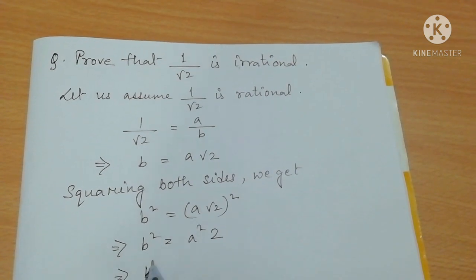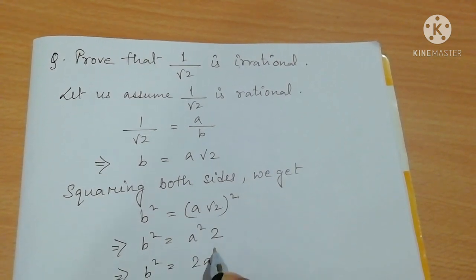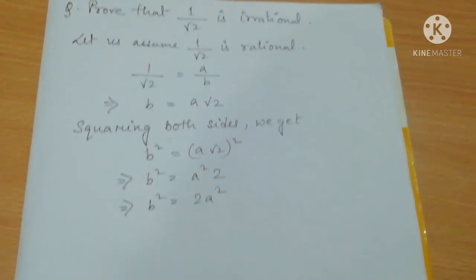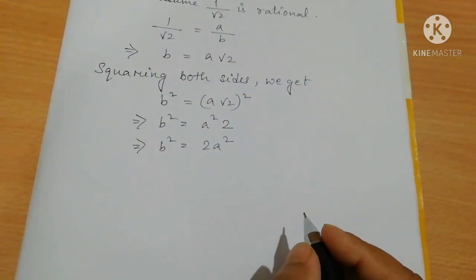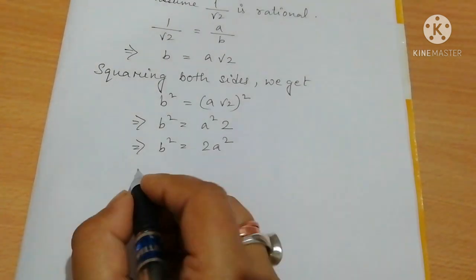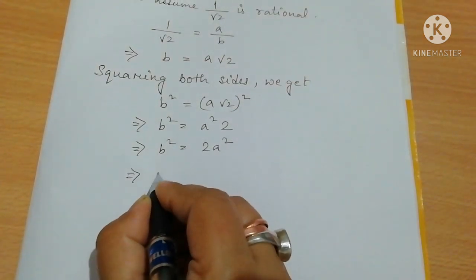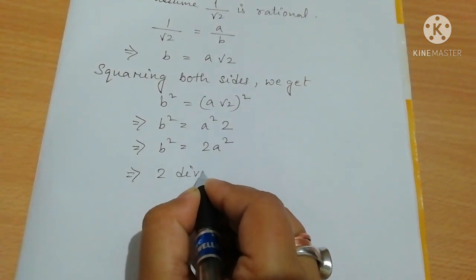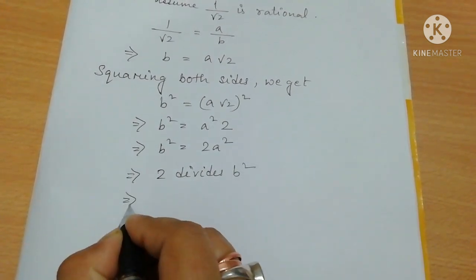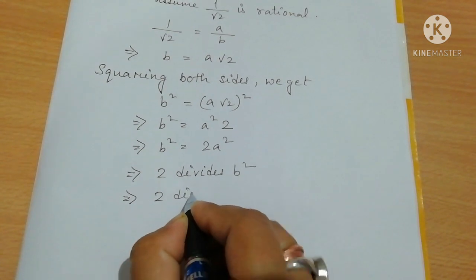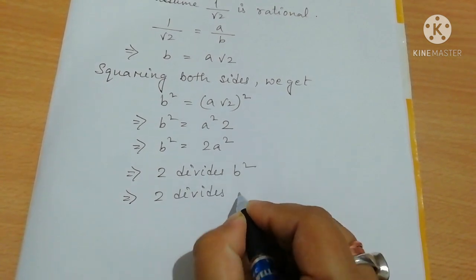So b square equal to 2a square. So I can write that 2 divides b square. That means 2 divides b.